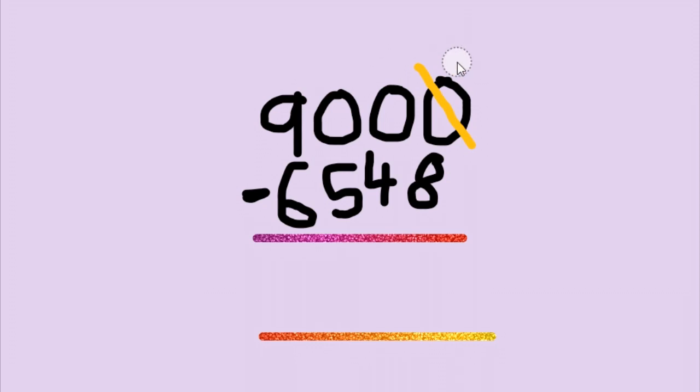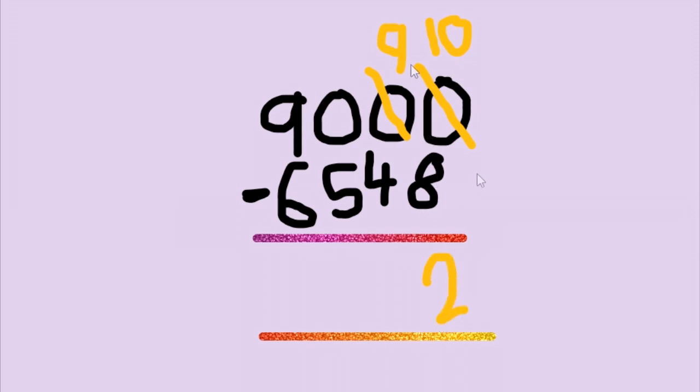We have to borrow from the tens digit. If we borrow, it becomes 9 here because we already borrowed one, but still it's 0 there. So we borrow again from the third digit. Now let us go back to this area. 10 minus 8 equals 2.